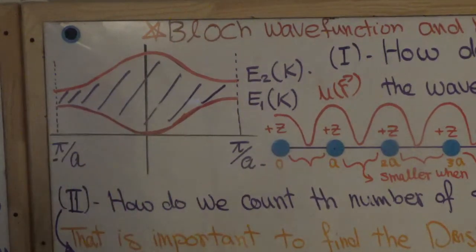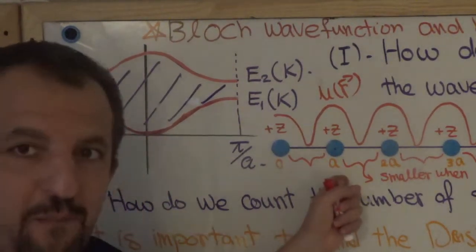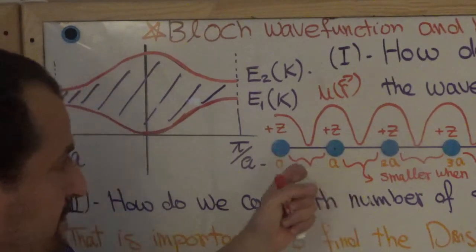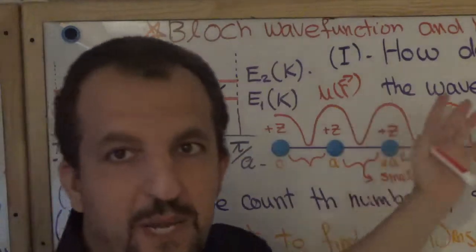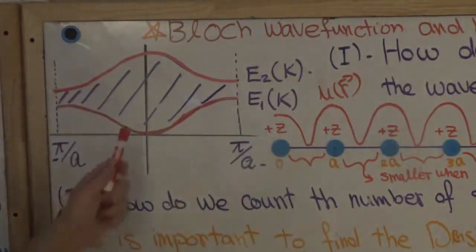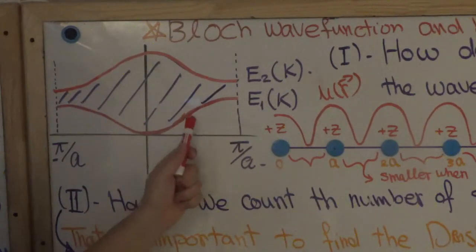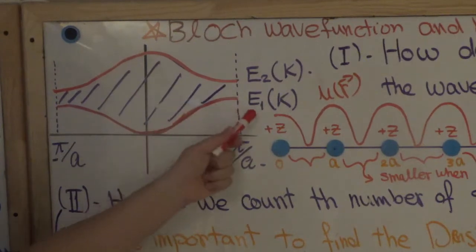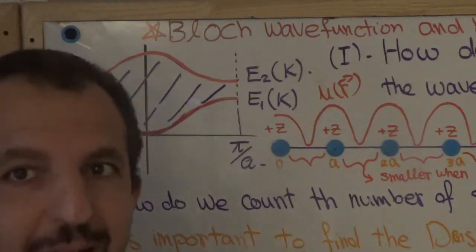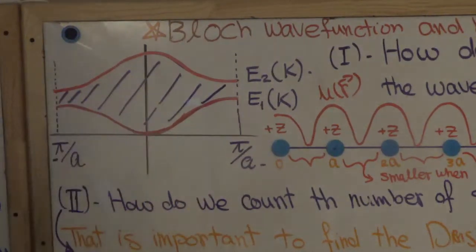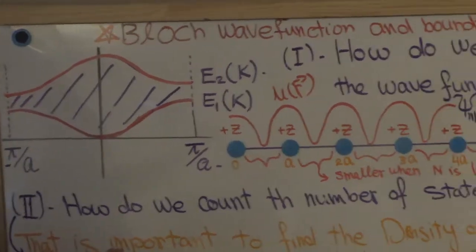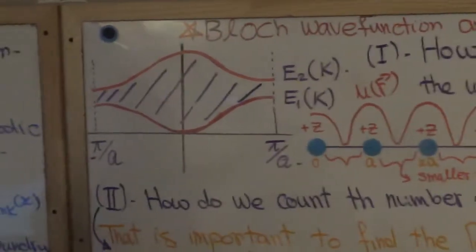But since we have a periodic wave function and we have a one-dimensional lattice like this, the energy levels should be like this. And I just consider the first level and the second level. I don't need to go deeper, guys. So that's very nice. Let's now move to the next question that we need to answer.